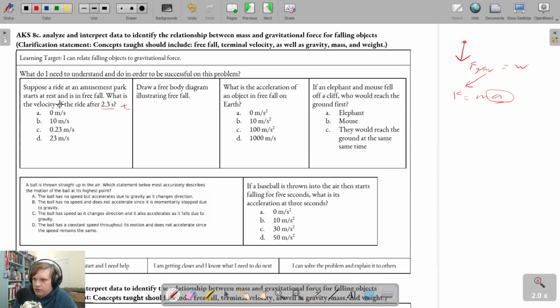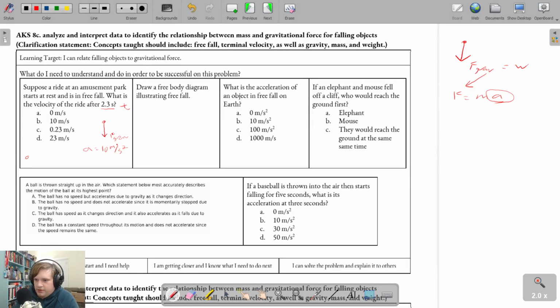We know it's in free fall, so we have our force grav, and we know the acceleration due to Earth's gravity is going to be 9.8 or 10 meters per second squared, depending on who's asking. So I have my acceleration and I have the time.